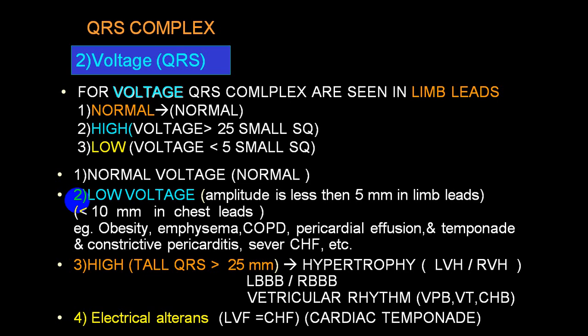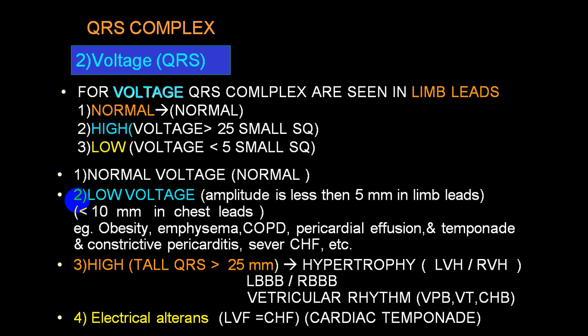You will also see such high voltage QRS complexes, but broad, in left bundle branch block and right bundle branch block. And in ventricular rhythms, like ventricular premature beat, ventricular tachycardia, and also sometimes in complete heart block, you can see a high voltage QRS complex.